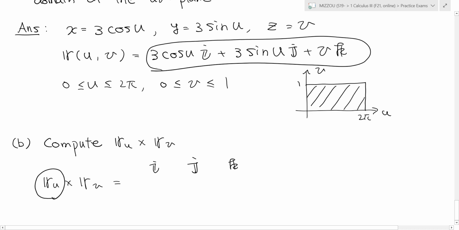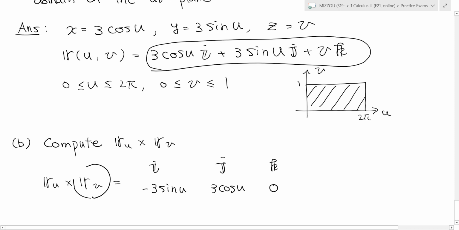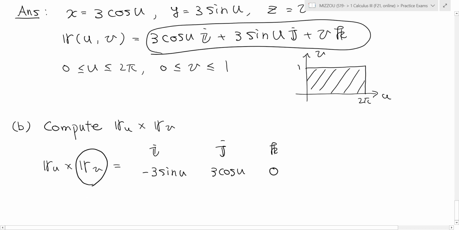So you differentiate it with respect to u, and what do you get? You get negative 3 sine u, and then 3 cosine u, and if you differentiate v with respect to u, you get 0. And then now r_v: you differentiate with respect to v, you get 0, 0, 1.